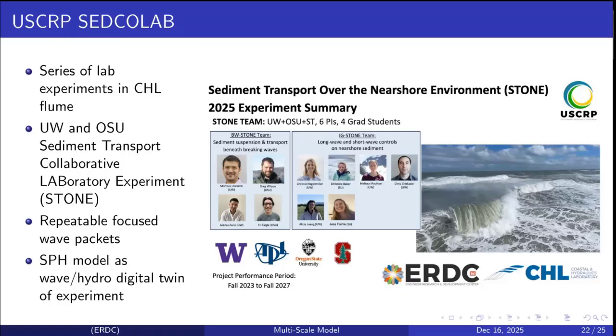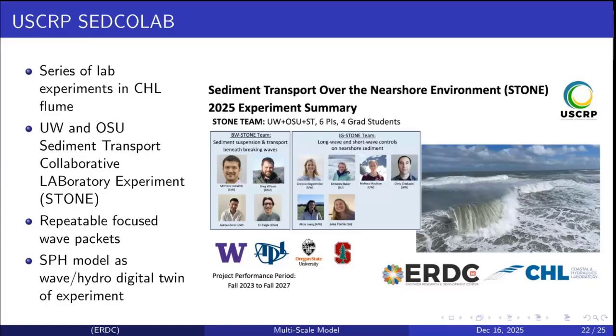The one that I'm thinking about starting with, and Liz and I have been meeting with this group regularly now, is headed up by the University of Washington and Oregon State. And they call their experiment STONE, which stands for Sediment Transport Collaborative Laboratory Experiment. And I'll show you the setup here in a second, but they have repeatable focused wave packets.